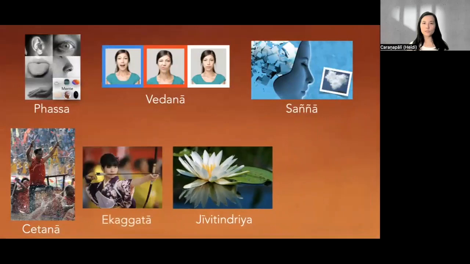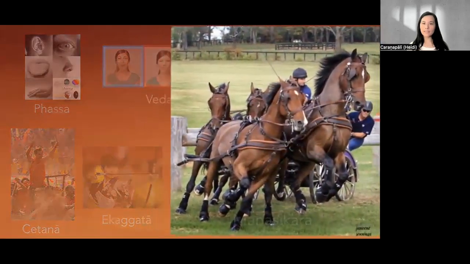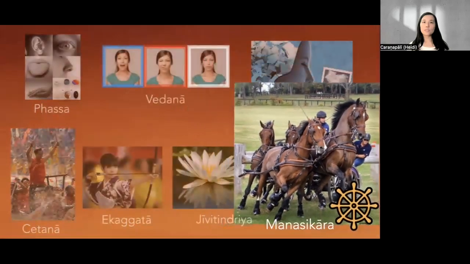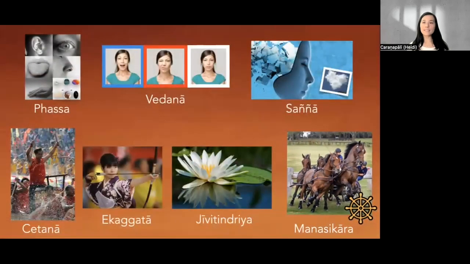Oh, actually not the last one, sorry. Second last one, jivitindriya, the vitality. And then we have the last one, manasikara, which is the attention. So these 1, 2, 3, 4, 5, 6, 7 are the universal cetasikas that accompany all kinds of chittas. They are always there with any kind of chittas.